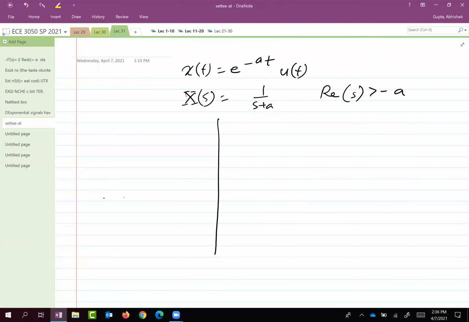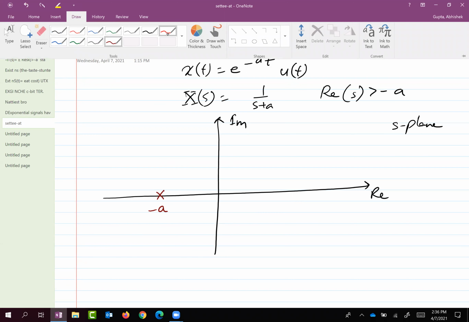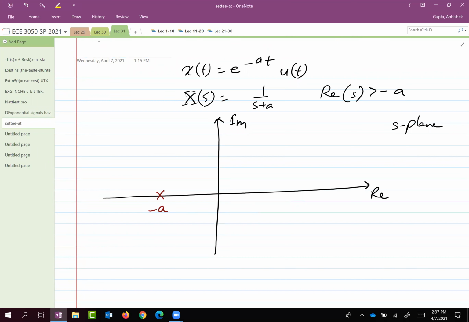So this is the real s, this is the imaginary s, this is my s plane. I have a pole here. I have no zeros in this rational polynomial. I have a pole, negative a. Now, how would I represent this real part of s greater than negative a?